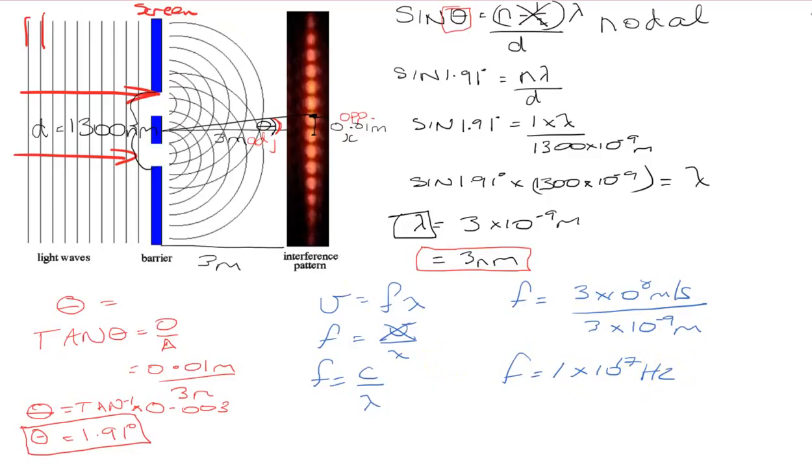So now we have the frequency as well. We have calculated the wavelength of the light and then the frequency of the light just by using the distance between the central maximum, this point here, and the first antinodal point, that point there. Well, that is all.